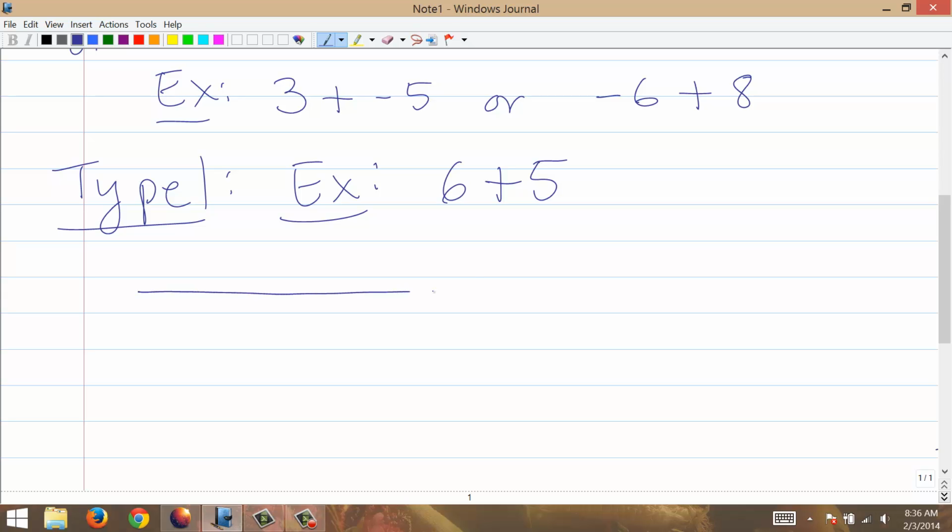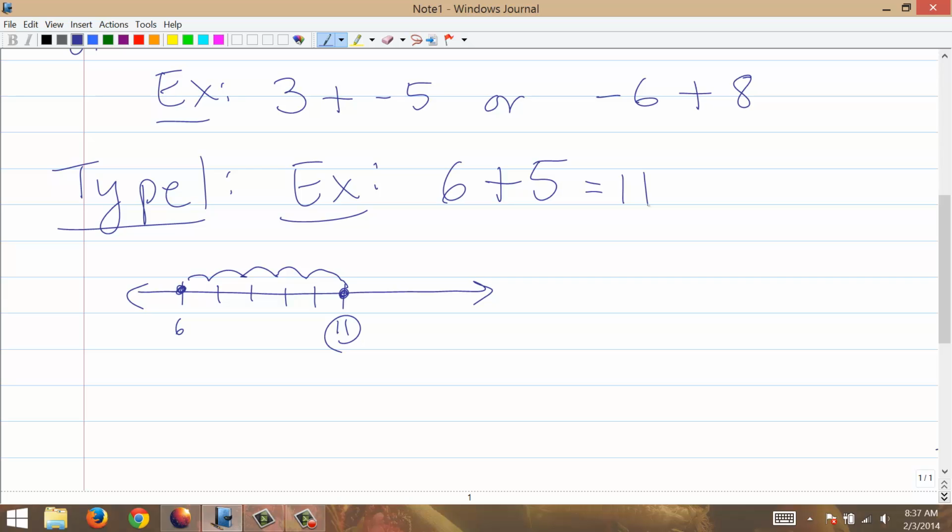If we were starting at the number 6, since we want to add a positive 5, we would jump 5 spaces to the right. So 1, 2, 3, 4, 5. And we'd end up here, which would give us, of course, 11.